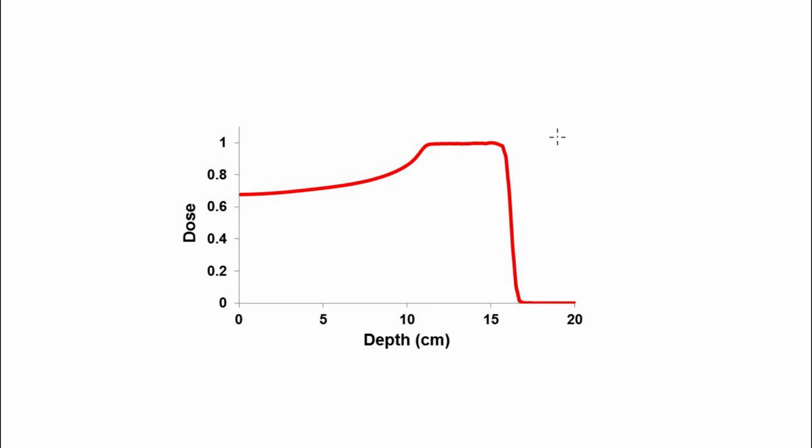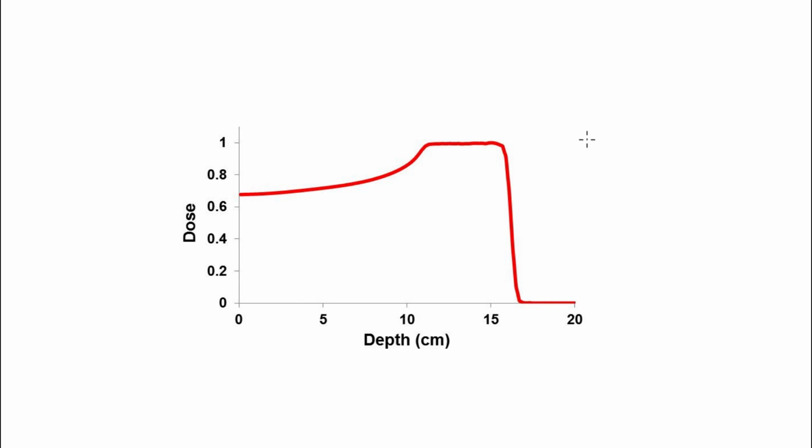I want to start with talking about how you report dose from a proton beam. In the last video, we talked extensively about this depth dose curve and the spread out Bragg peak. And now we come to the issue of how to talk about dose and how to report it.